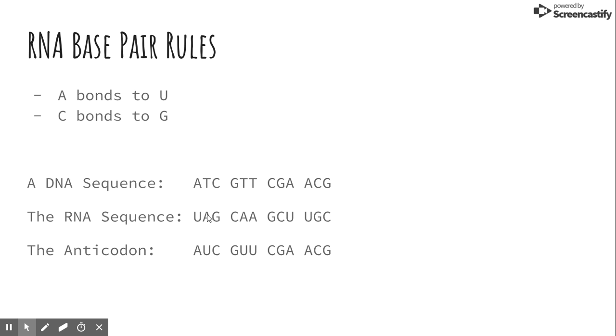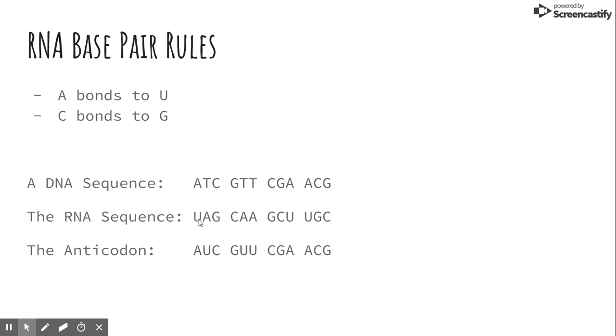And then here's where it gets a little tricky. When we're bonding to DNA, A will still bond with T. So we can still use A in place of U here when we're building the mRNA strand. Remember, the base pair rules just say what bonds with what.